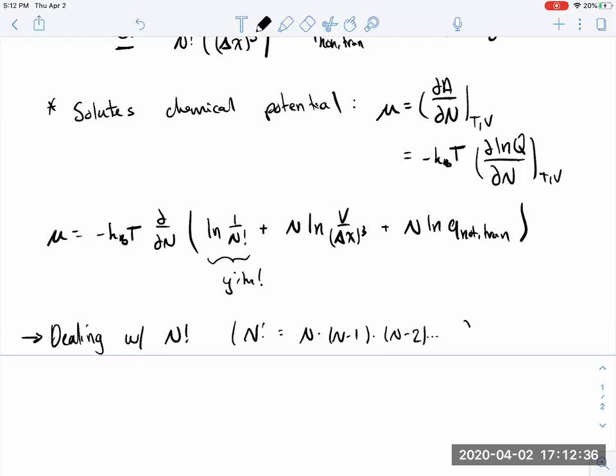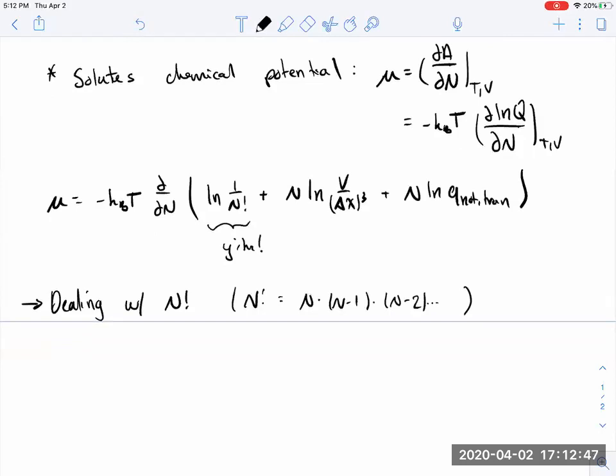We're going to need to take a derivative of that function, so we need a representation of that factorial function which we can take a derivative of simply. Now we're going to use the fact that in most macroscopic systems, n is very large, and for large n, log of n factorial is well approximated by n log n minus n. This is the so-called Stirling's approximation.